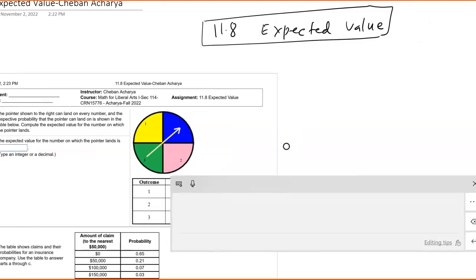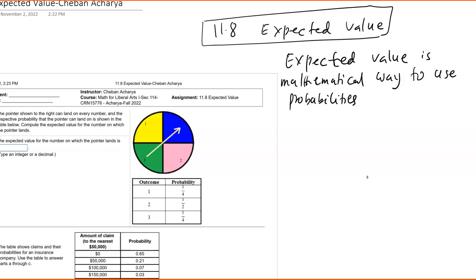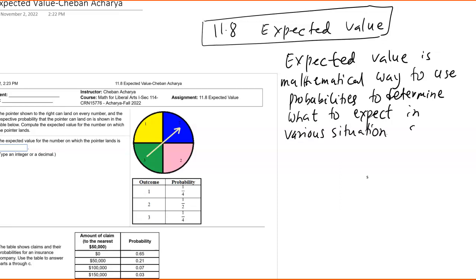Let me write it down for you. Expected value is a mathematical way to use probabilities to determine what to expect in various situations over the long run.